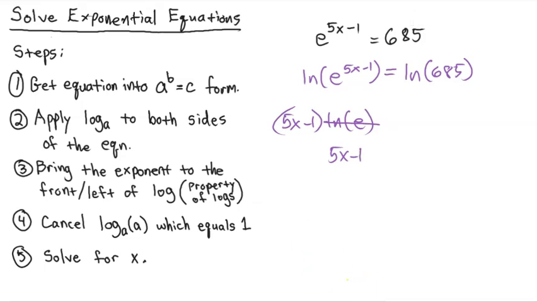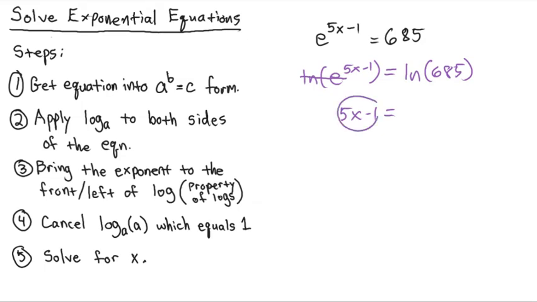So I'm going to show you a little shortcut here that I use when I'm doing it without teaching it, and you can do it too. Really the net result is we can just cross out the natural log and the e and bring down the 5x minus 1. It saves a little bit of time, and a little bit of space on your paper.